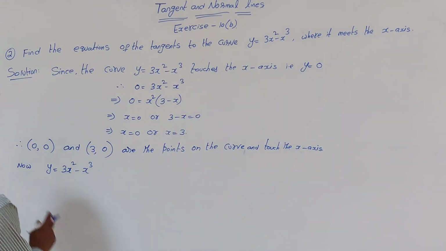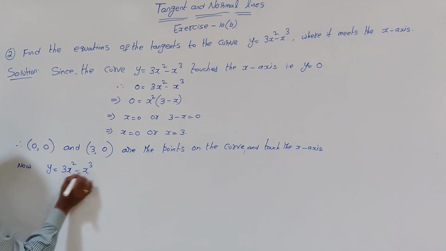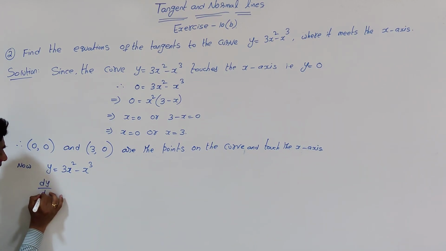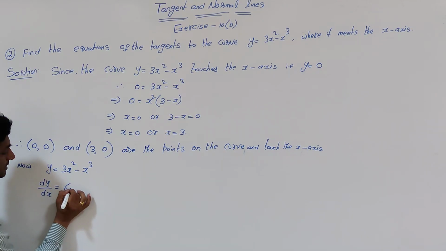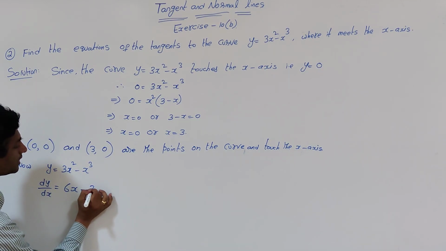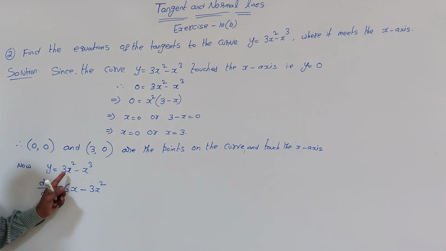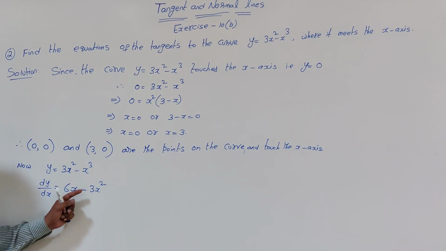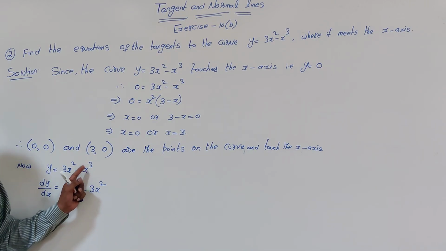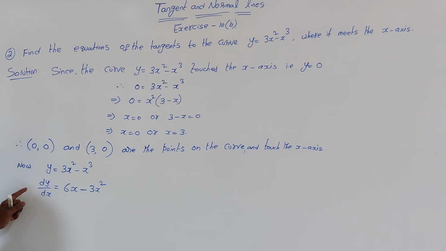So dy by dx is the derivative of 3x square, which is 6x, minus the derivative of 3x square. The derivative of 3 is constant, the derivative of x square is 2x, so 3 into 2x is 6x. Minus the derivative of x cube, which is 3x square. Now this is the slope, and we have to find the slopes at these particular points.